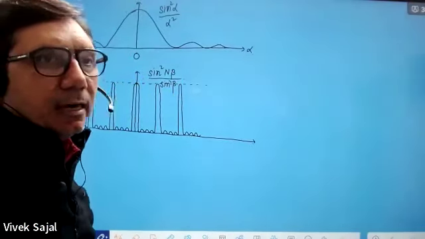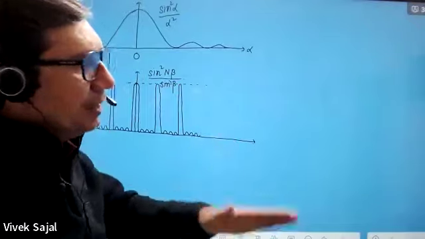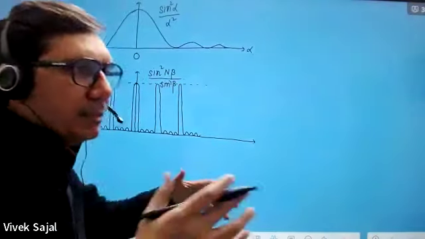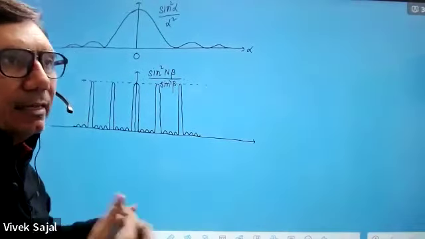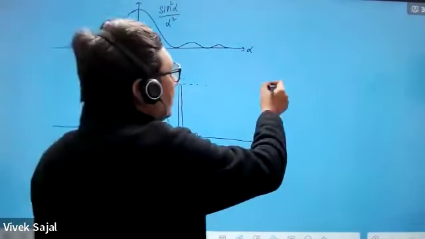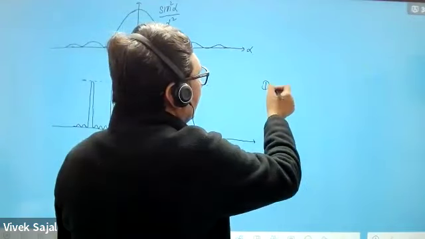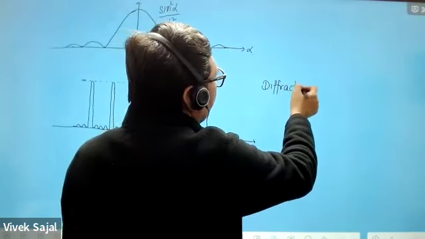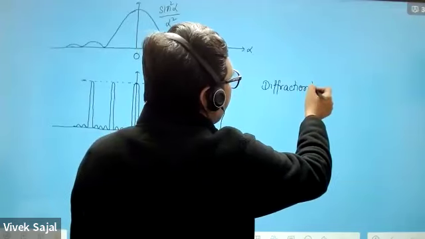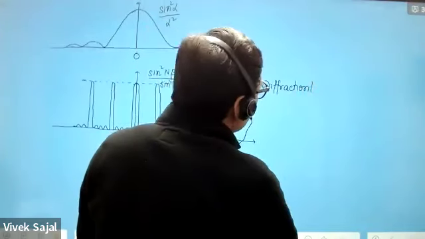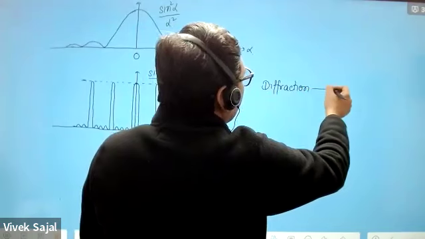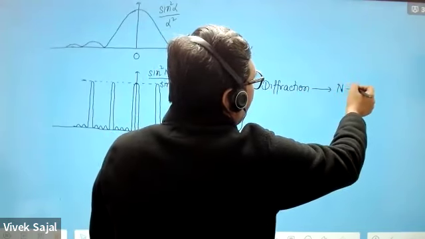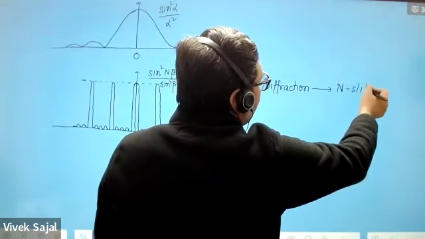But if both are happening, first diffraction is taking place and then interference is taking place. So first diffraction at individual slits, and then N-slit interference.